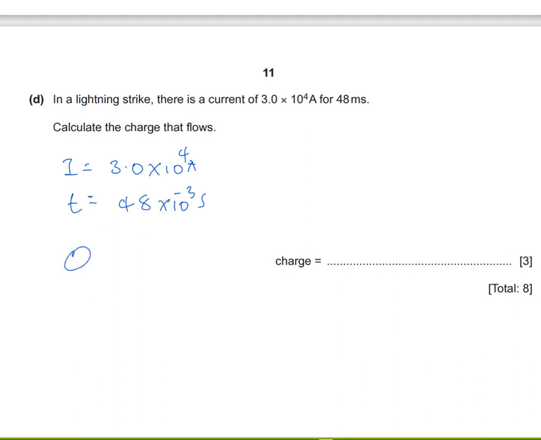And we know that charge is equal to current times time, which is equal to 3.0 times 10 to the power 4 times 48 times 10 to the power negative 3. And we are going to get 1440 coulombs.